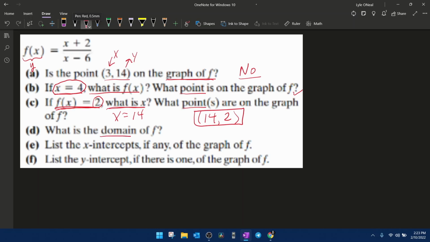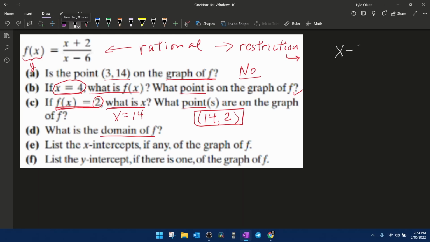Part D, what is the domain of f? Well, this is where you have to know something about the type of function we're given. This particular function happens to be a rational function, and we know that a rational function has a restriction, and the restriction of every rational function says that the denominator cannot be 0.